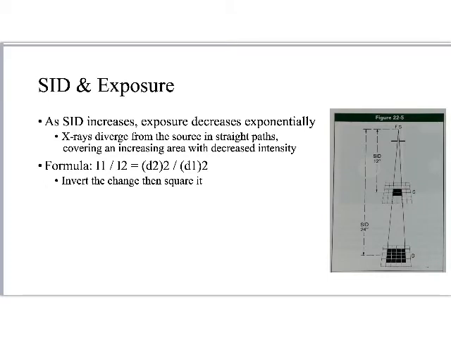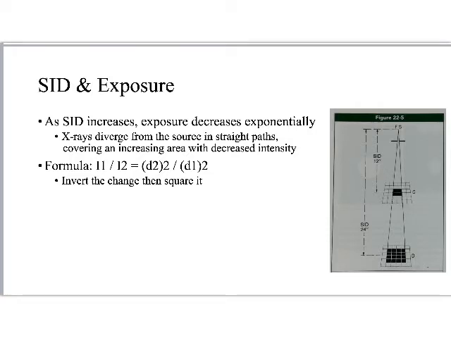All right, but let's talk about SID and exposure. Another way to talk about this might be intensity of the X-ray beam. As SID increases, exposure decreases exponentially, and the way that we express that is in the inverse square law. I don't like the way he has the inverse square law written out in our textbook. I generally think about it in this way. Unfortunately, when it imported this slide into this lecture software, it failed to do the subscripts and the powers.